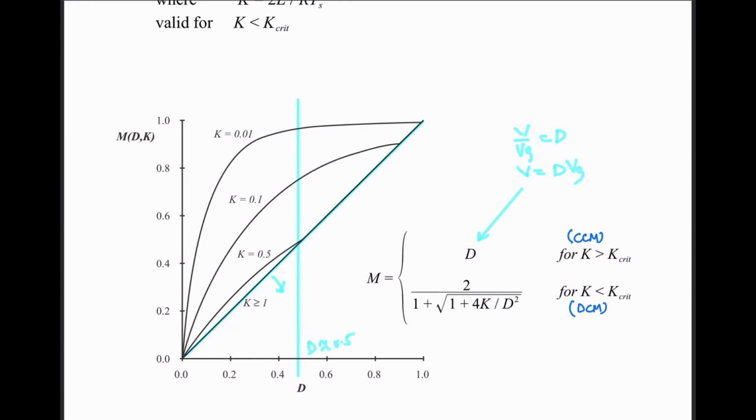Over here, if the K is equal to 0.5, our gain will be roughly 0.48, right? And if we have the value of K equal to 0.1, our gain will be approaching 0.75, and over here it will be very high, approaching 0.95 approximately.